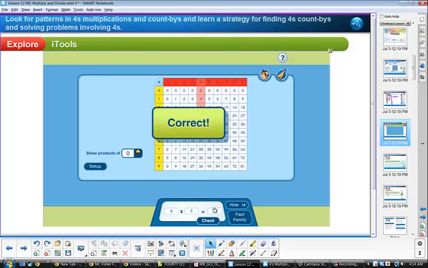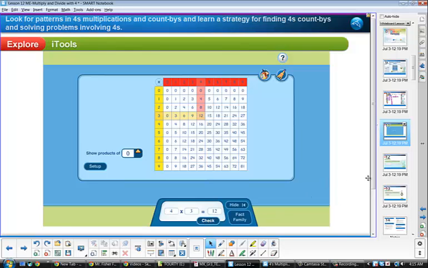But what if I did 4 times 3, and I really thought that that was 11. We check our answer, try again. And if you notice, it's up here. 4, we go down. 1, 0, 1, 2, 3. And on that third line down, it is 12. So I'm going to change that to 12 and check my answer.